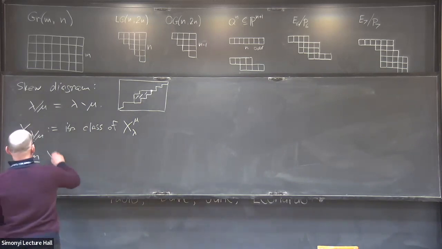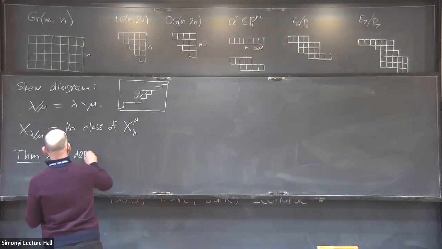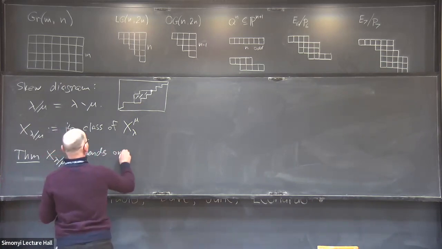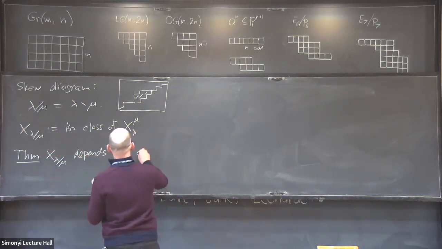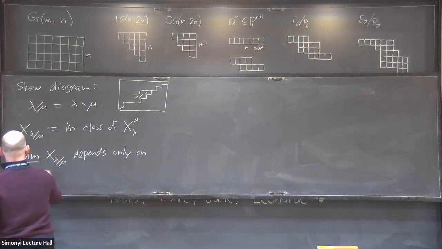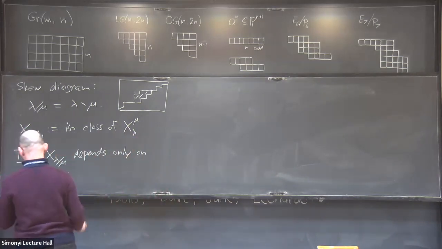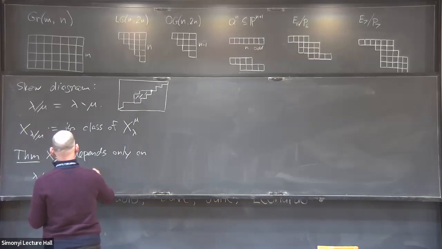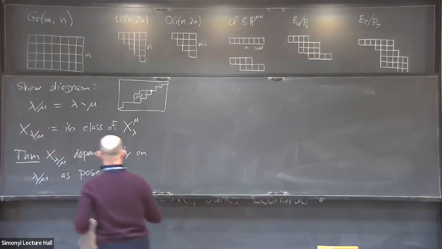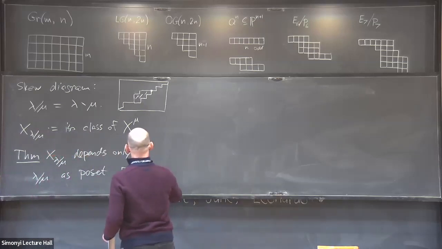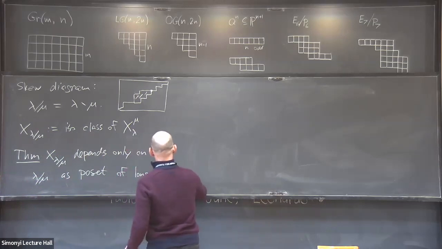namely this X_lambda/mu depends only on this diagram lambda/mu as a coset of long and short boxes.